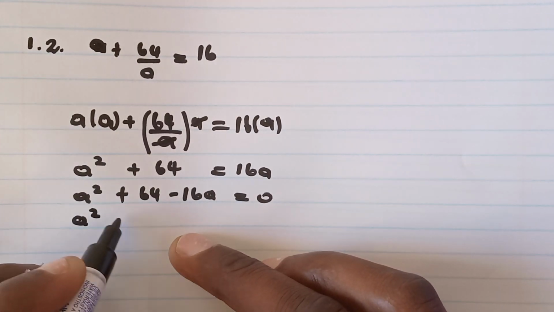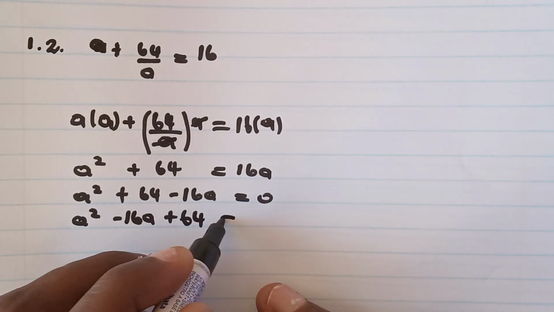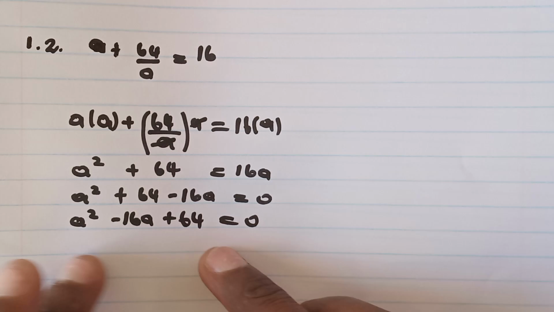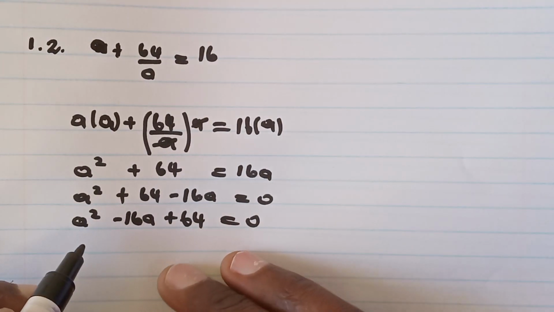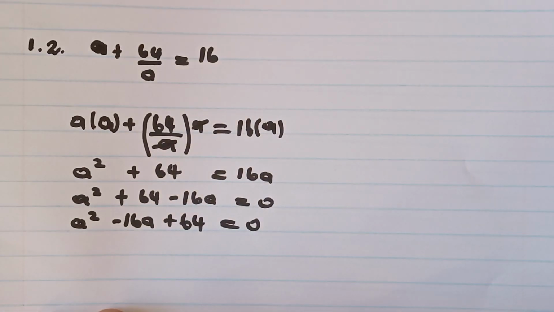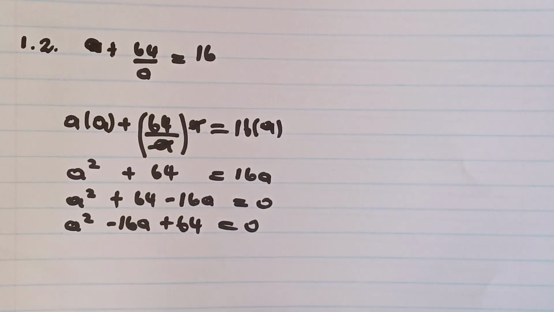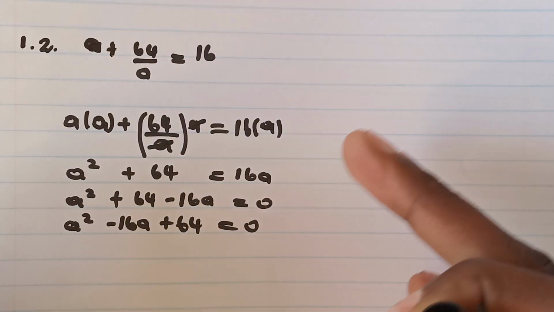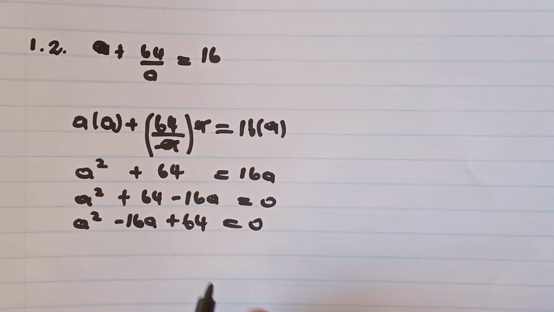A squared minus 16a plus 64 is equal to 0. Now we're gonna factorize this in such a way that the factors, when they multiply, give us positive 64, but when we add them, give us negative 16.